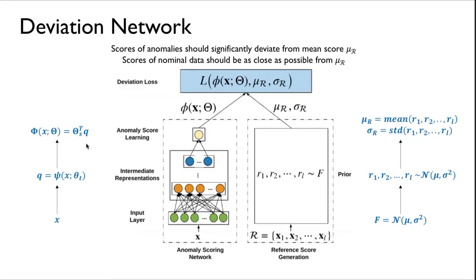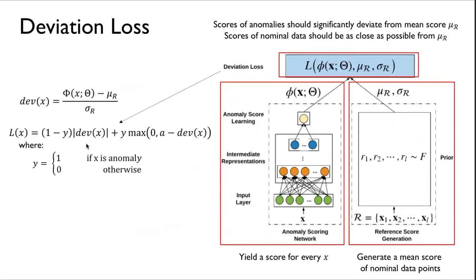So let's look at the loss. First of all, they define a deviation value for every data point x, which is dev(x) here. It's basically the z-score: the anomaly score minus mu, divided by sigma, the standard deviation.